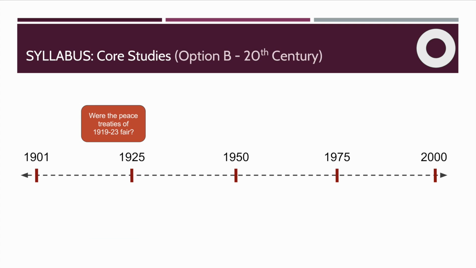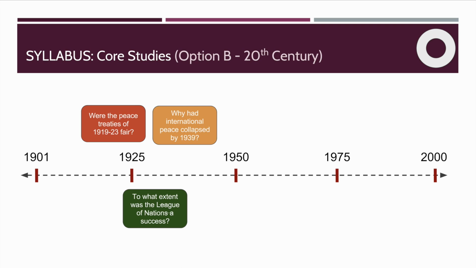The first is, were the peace treaties of 1919 to 1923 fair? These are the peace treaties that took place right after the First World War. Second topic is, to what extent was the League of Nations a success? Third, why had international peace collapsed by 1939?